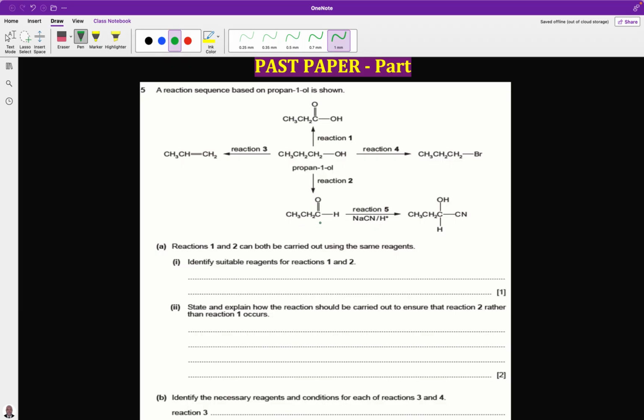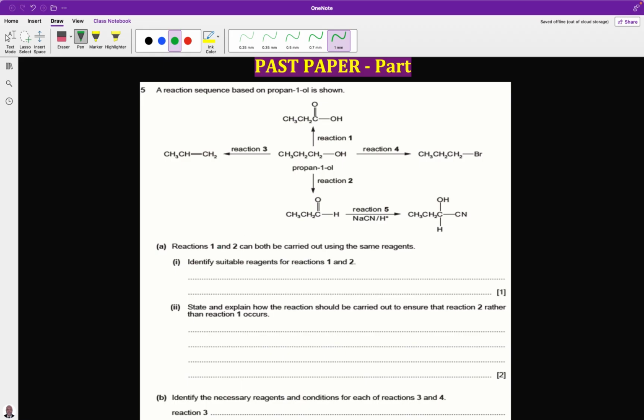The oxidation is not complete. Now, there is again a nucleophilic addition here to form the cyanide or nitrile, hydroxynitrile.